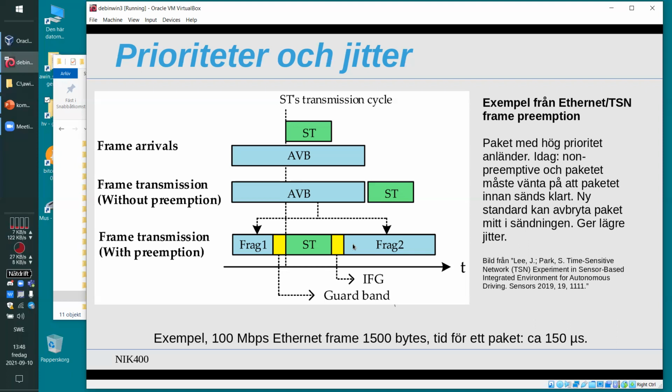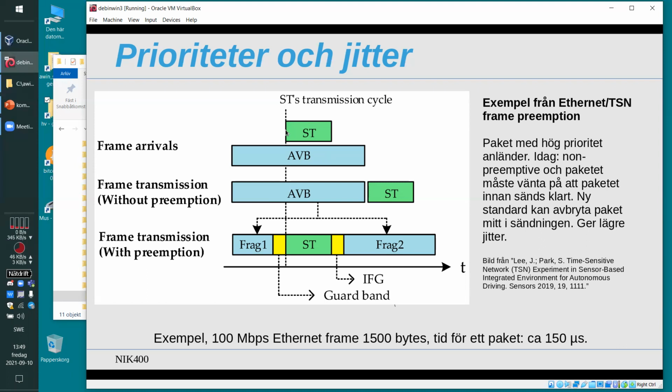That's the technical name for it. And then you actually are able to send this high priority frame faster. When it arrives, you can actually send it almost directly, especially if you have a cyclic schedule.